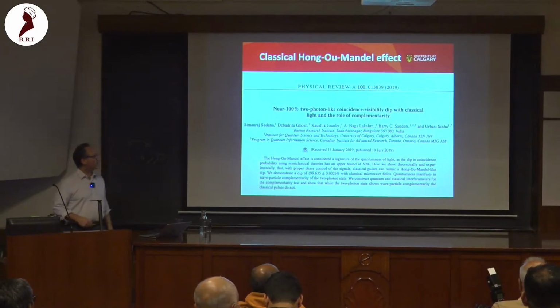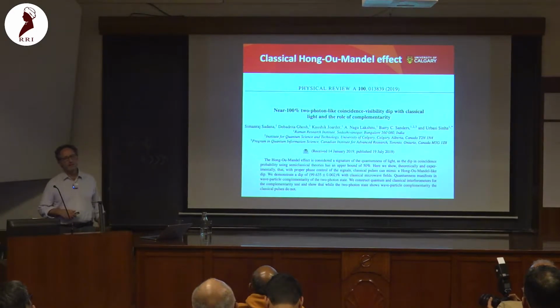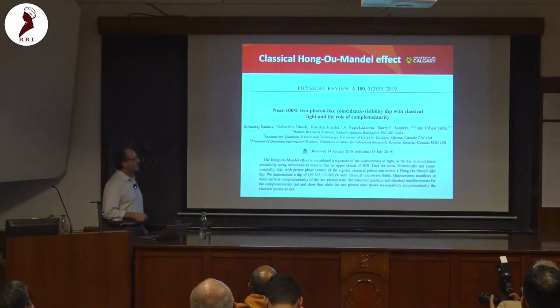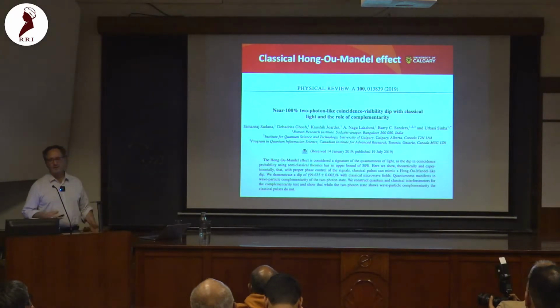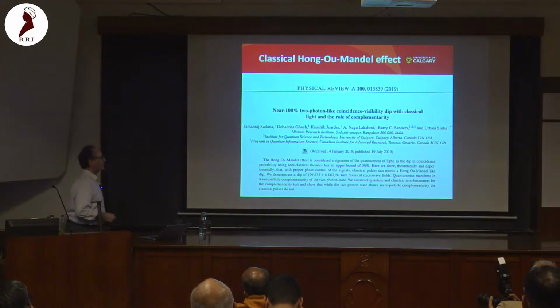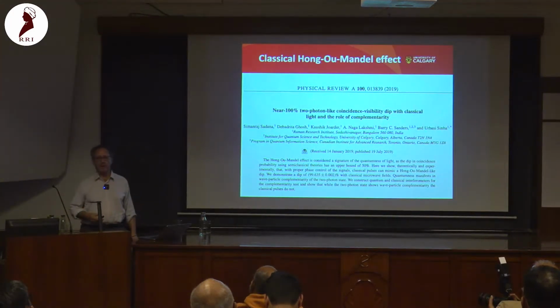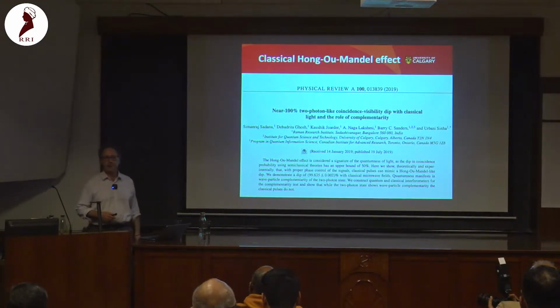The first one I'll talk about is a topic I was thinking about for years, and I talked to Urbasi about it. There's a standard view in quantum optics that the Hong-Ou-Mandel dip is a quantum effect, and I'll explain a bit more.